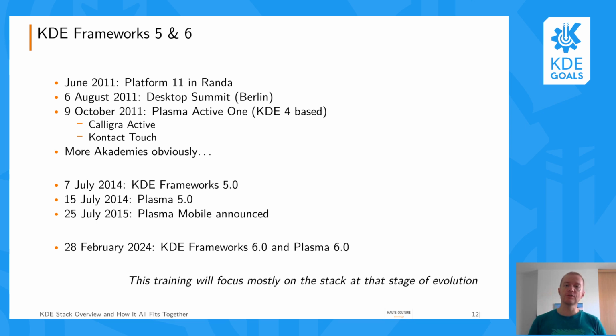So the plans for framework started in 2011, but that actually delivered only in 2014 for KDE Frameworks 5.0. Quickly followed by Plasma 5.0, and also the next year, the announcement for Plasma Mobile, which are still around.